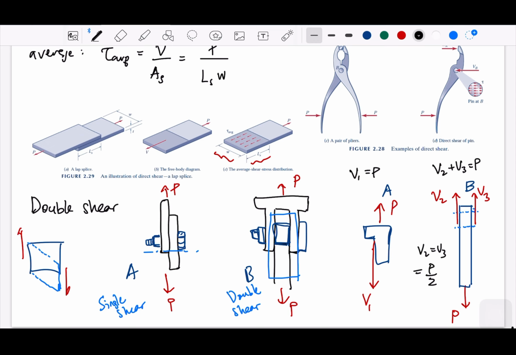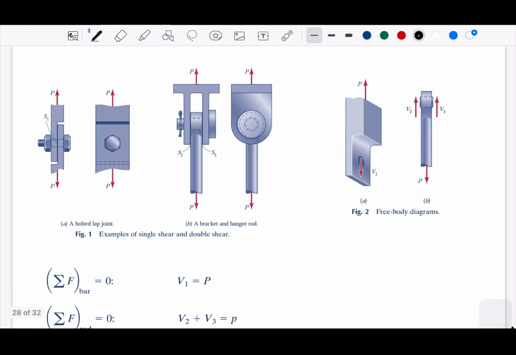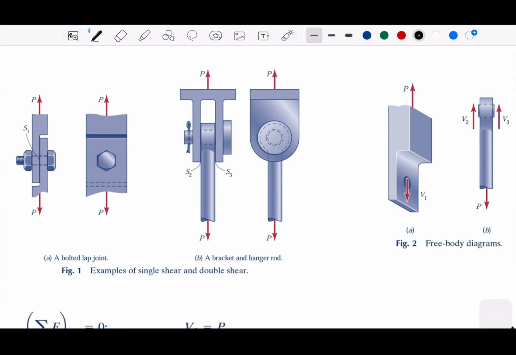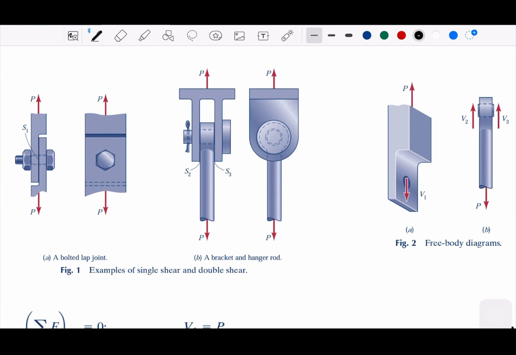Let me go to the new page. This is a more elaborate explanation of the single shear and double shear. So imagine you have some plates and a bolt. This plate you can imagine you can rotate about this bolt, so you have a rotation here.